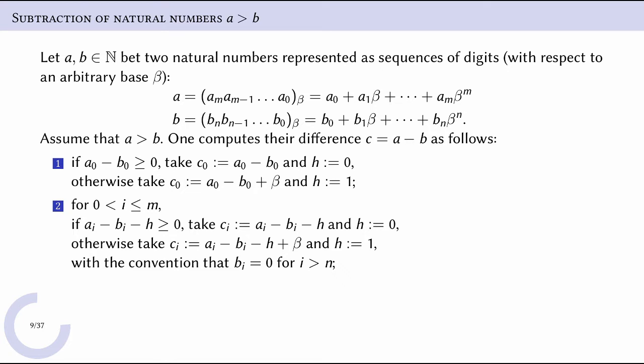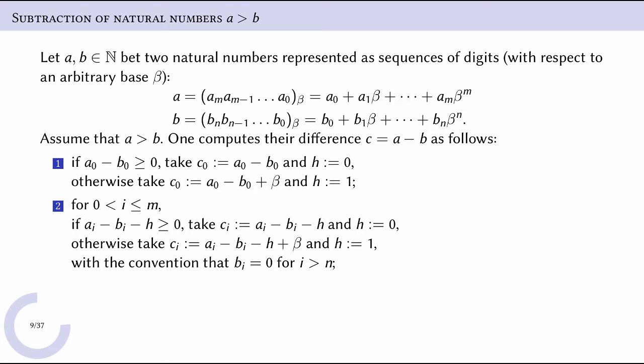If the least digit of a is greater or equal to the least digit of b, we just subtract them from each other. Otherwise we add beta to it and have a carry 1, and then again digit by digit we perform the same action. We subtract one from each other, and we update the carry step by step.